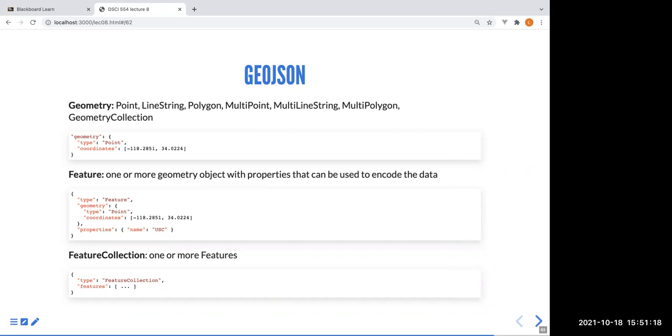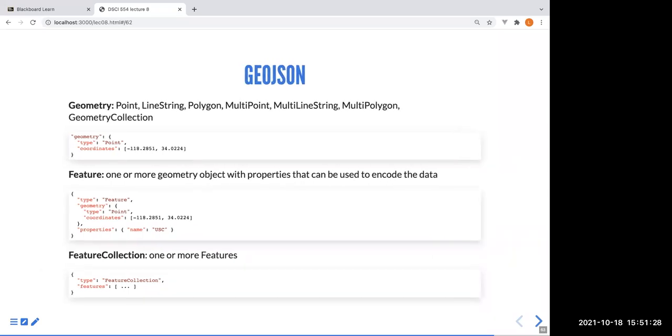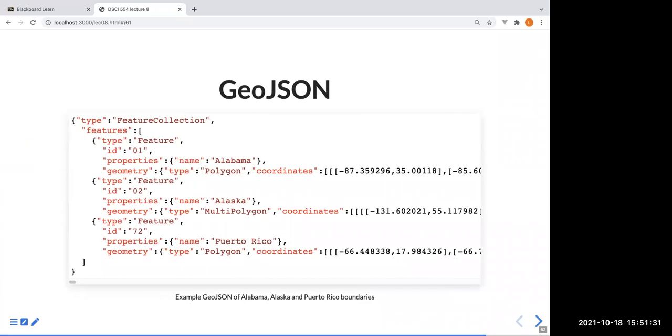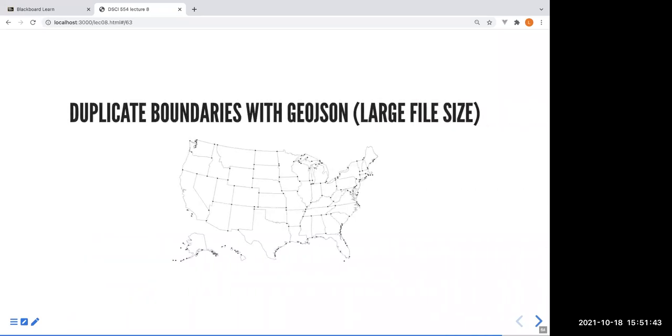The feature collection has an array of features. All right, so it's not more complicated than that, but the file might look complicated depending on what you're looking at, in terms of resolution and in terms of size.